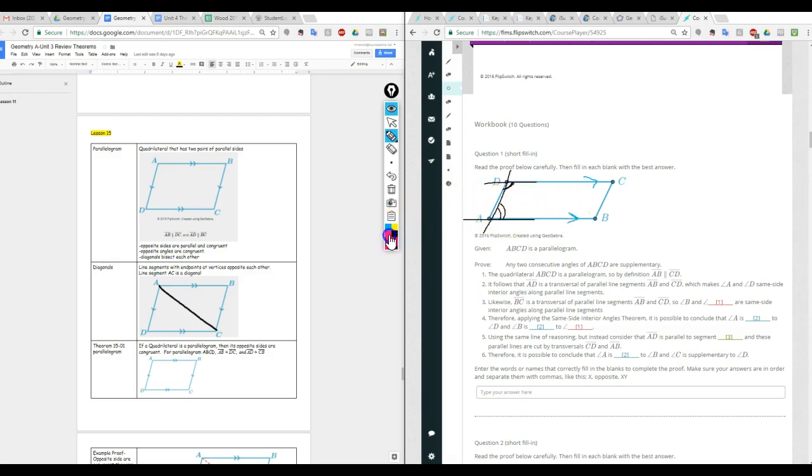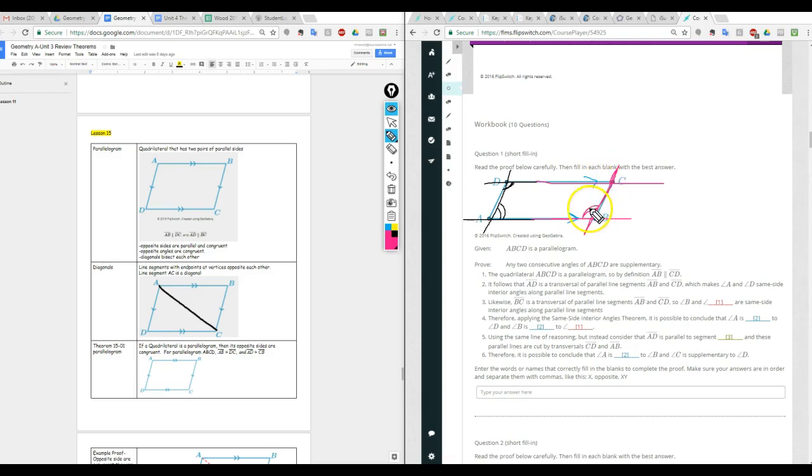So likewise, step 3, BC is a transversal of these, which are still the same parallel lines. I'm just drawing them in a different color so we can emphasize it. So BC is our transversal now that we're looking at. And so angle B and angle blank are same side interior.